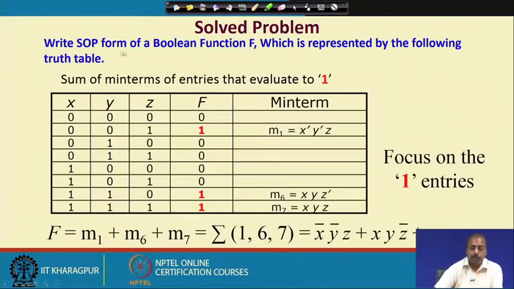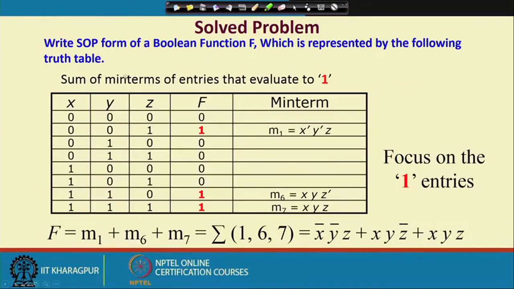the sum of products form of a Boolean function represented by a truth table. A truth table means we have to tell what the input assignments are, and corresponding to that, what the function output column is. So, what will be the value of the function for this one? Say this is a truth table for this function: 0 0 0 is 0, 0 0 1 is 1, and so on.